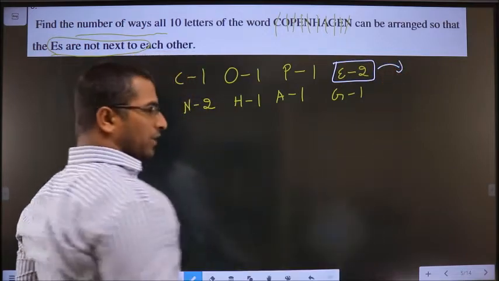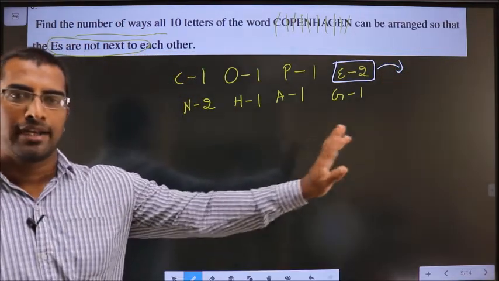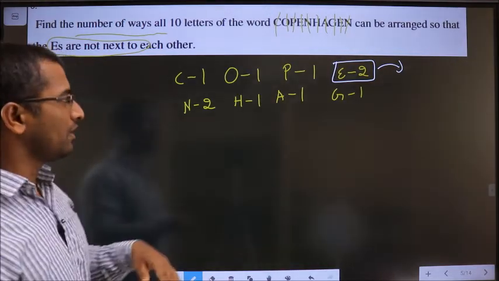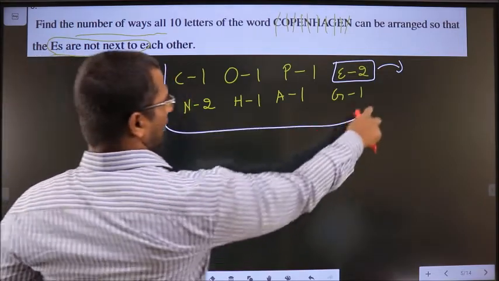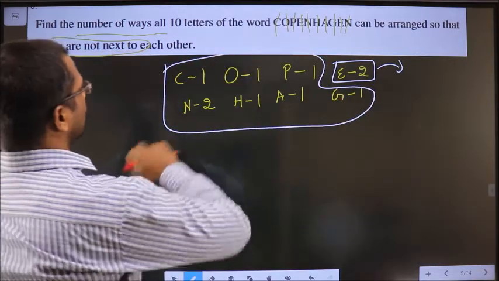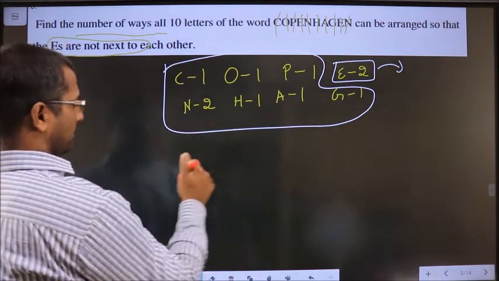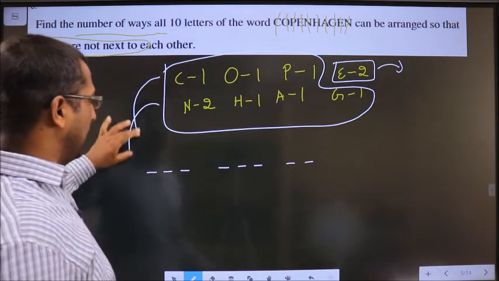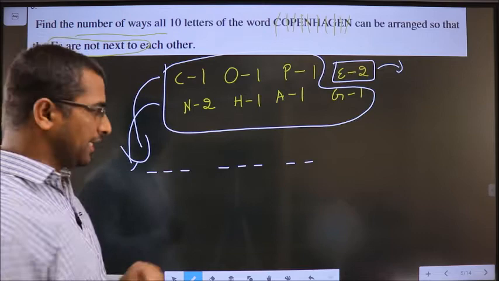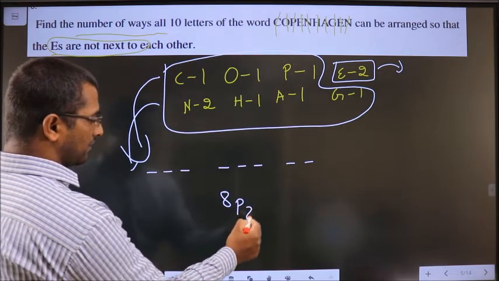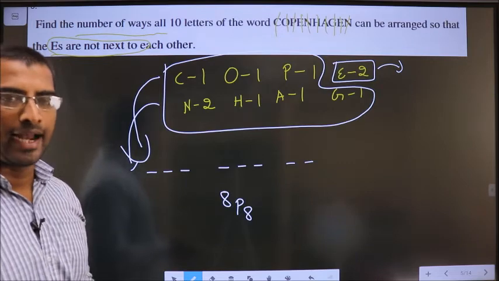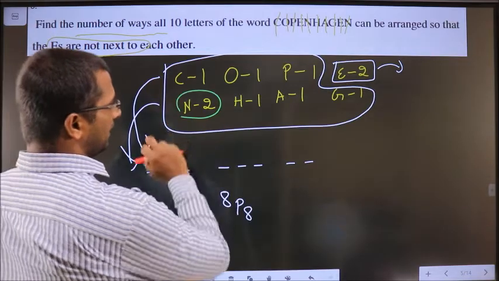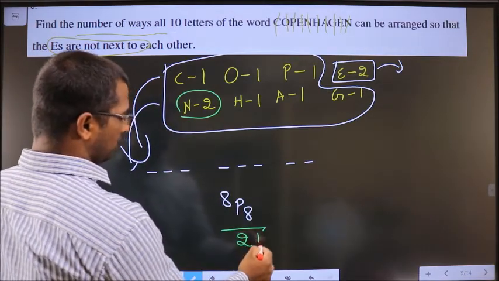Whatever should not be next to each other, put them separate, keep them aside and arrange the remaining letters or objects. Leaving E, I have all this. So total were 10, 10 minus 2, 8. So 8 blanks. 8 letters, 8 blanks can be arranged in 8P8 ways. And in those 8, N is identical, so divide by 2 factorial.